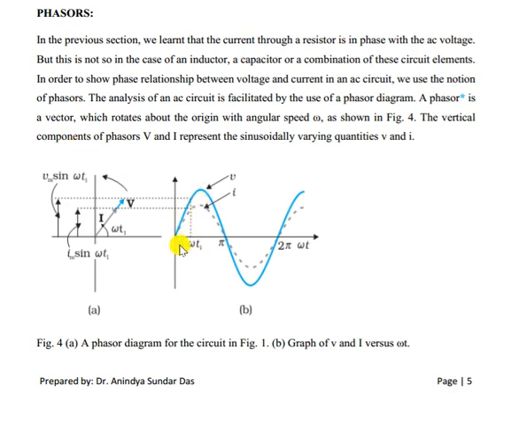For angle pi by 2, which means 90 degrees, this will reach here, and that will be equal to the maximum value Vm. So this is called a phasor diagram.